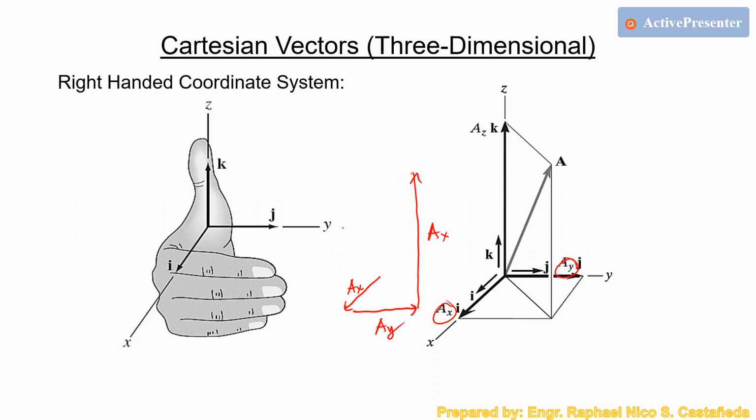From this point to this point is AZ. From this point to this point is vector A. Sometimes I will use this because this one is still a box. Remember that this is still a box.